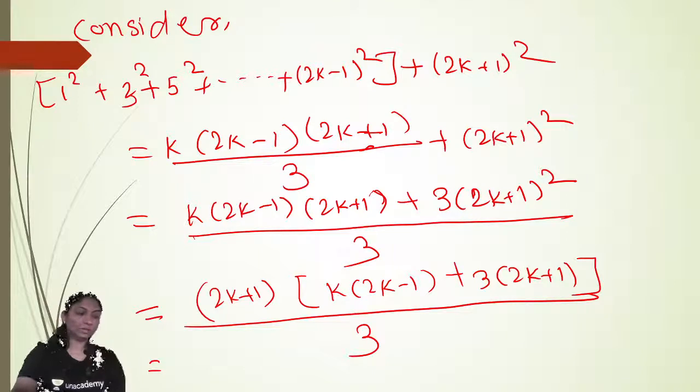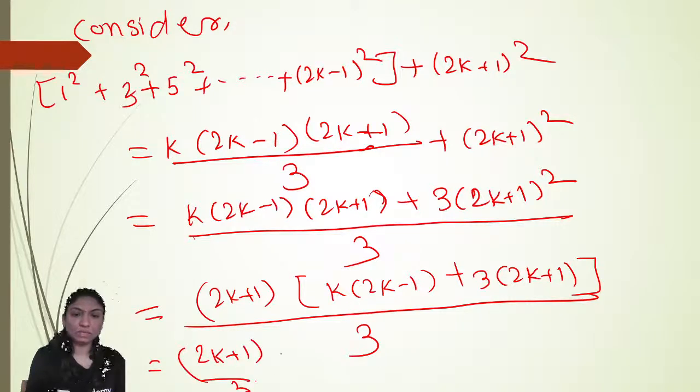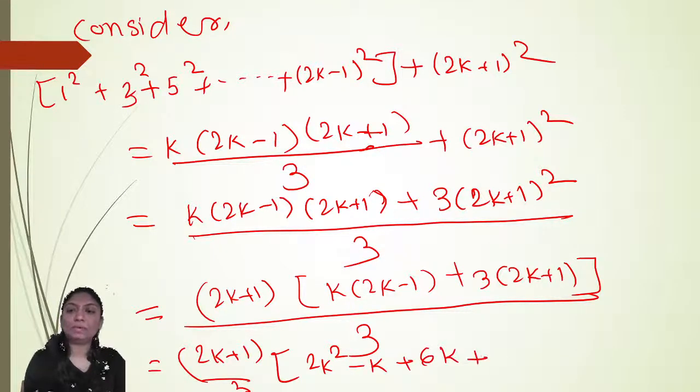(k plus 1)/3 bracket. You will get here 2k square minus k plus 6k plus 3. Ultimately here 2k square plus 5k plus 3. Right?